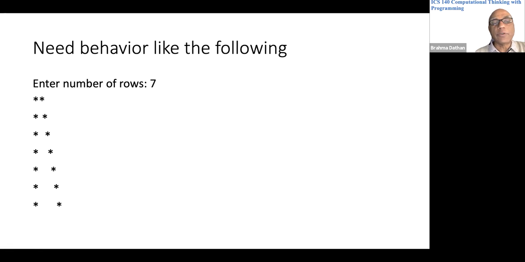I don't have multiple loops inside, but I will have one print statement to print a star, and a second print statement to print the second star, but I need a loop to print the spaces between the stars. So I need to construct, or at least analyze, what that loop is going to look like.